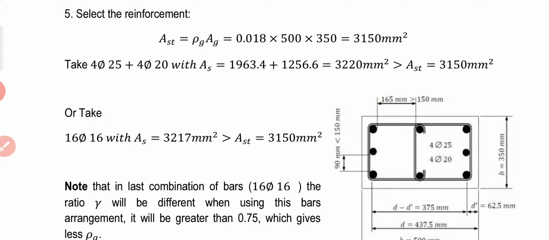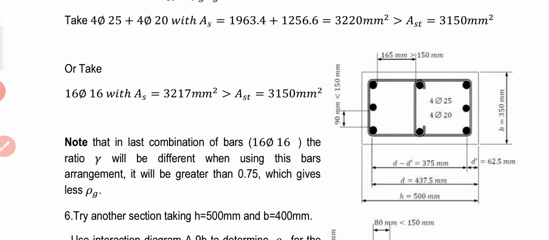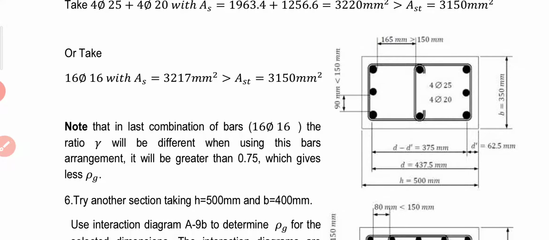This is also greater than Ast, which is 3150 mm square. Note that in the last combination of bars, 16 bars of 16 mm diameter, the ratio gamma will be different when using this bar arrangement. It will be greater than 0.75, which gives less Pg.